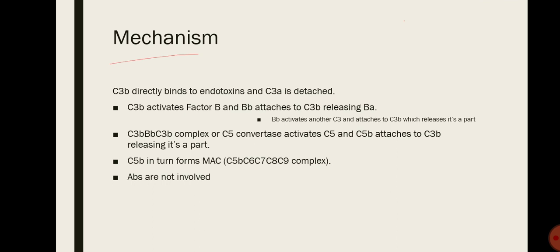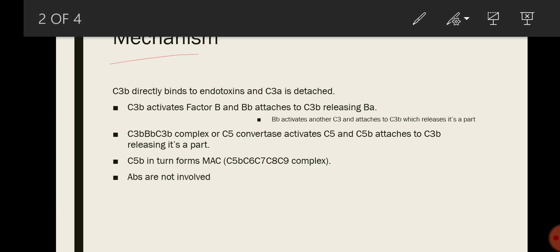In the mechanism, we will see that C3b will directly bind to endotoxin.